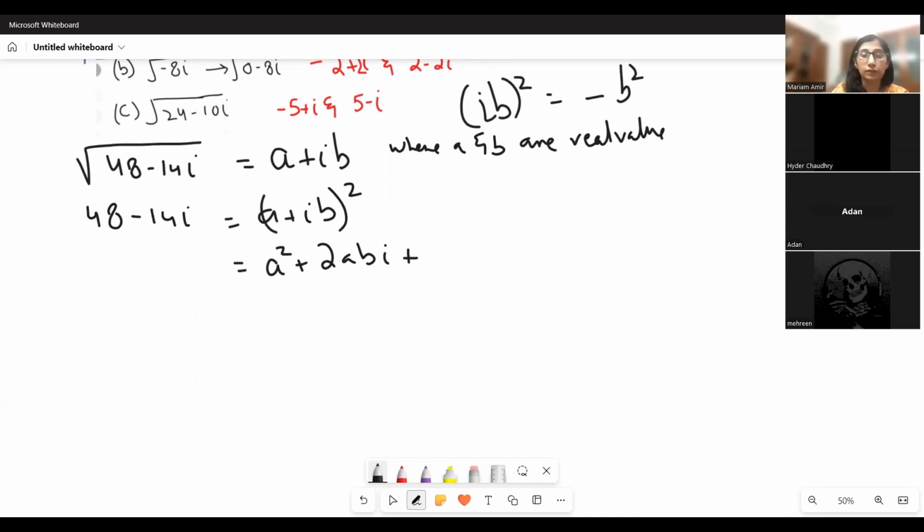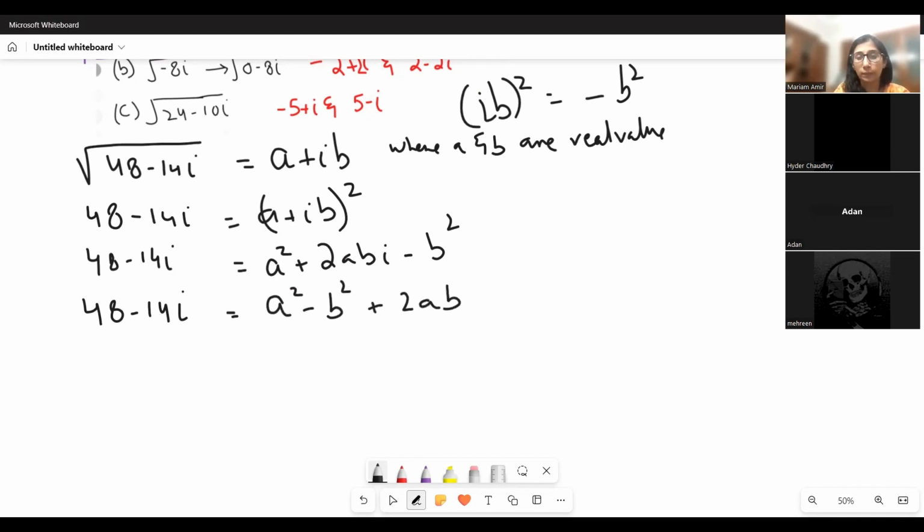So it's going to be negative b square, equals 48 minus 14 iota. 48 is the real part, 14 is the imaginary part. At the right hand side, the real part is a square minus b square, and the imaginary part is 2ab.